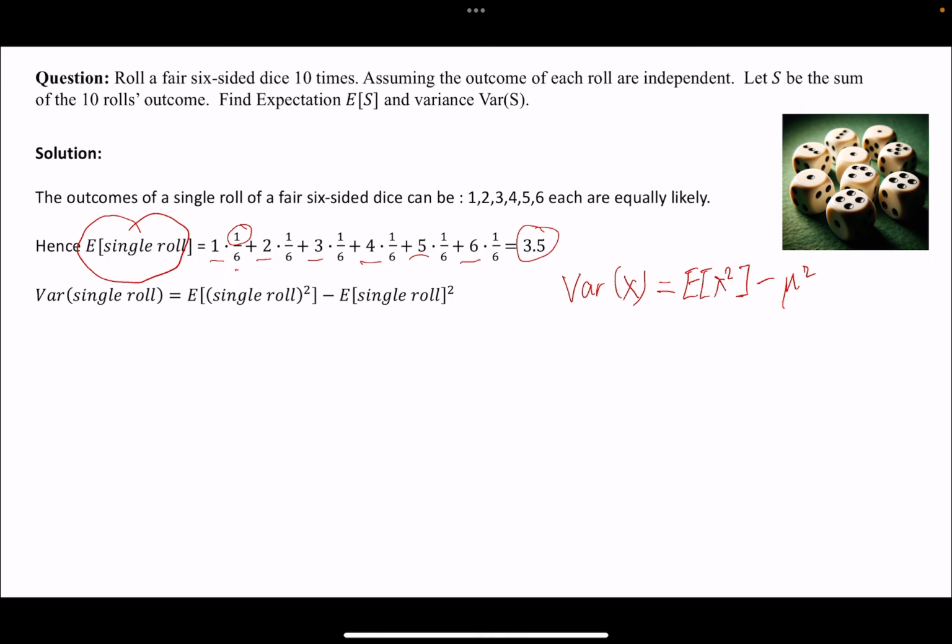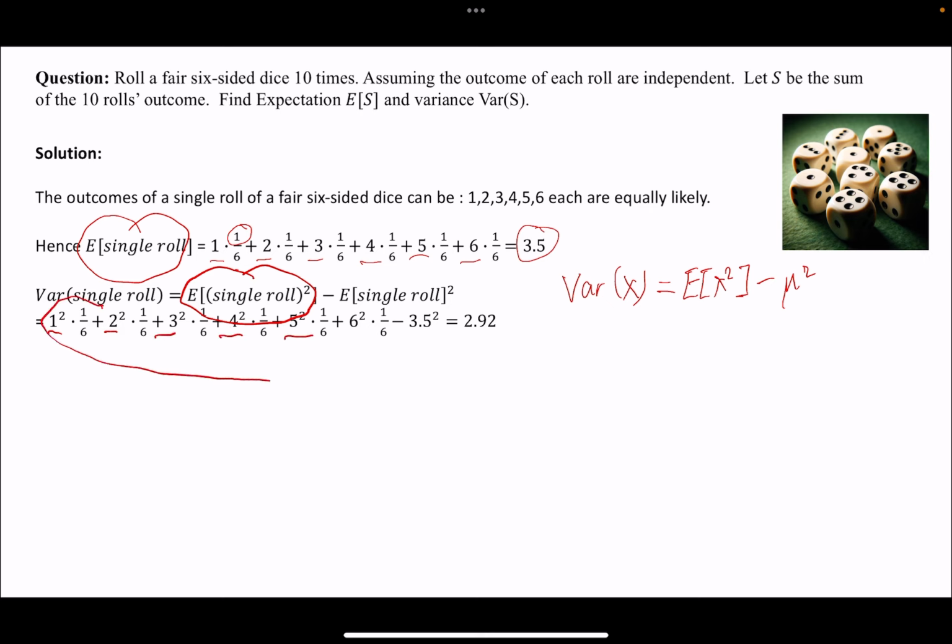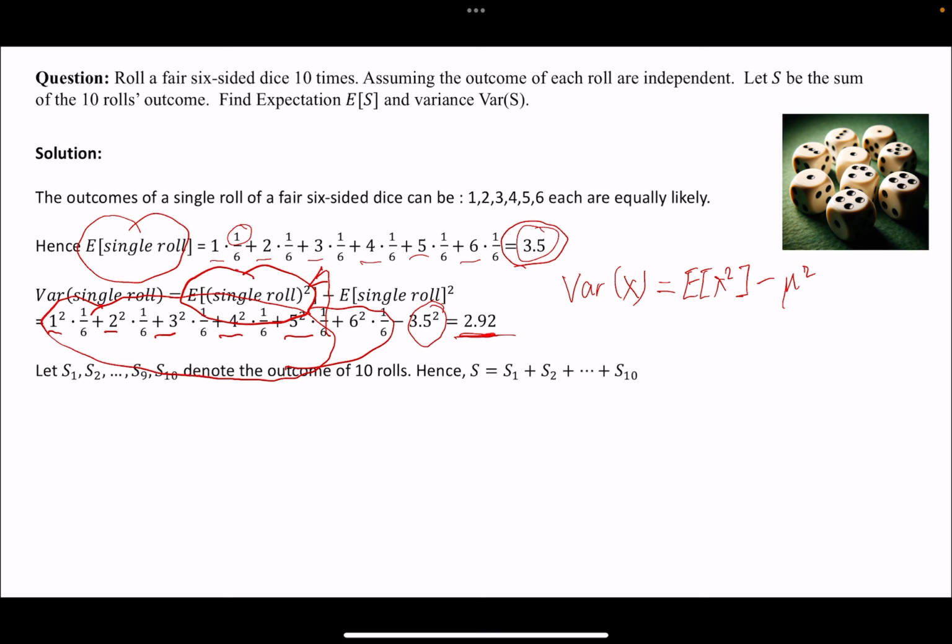In this scenario, the expectation of a single roll squared is the square of each number times the associated probability 1/6. Since we already calculated the expectation of a single roll is 3.5, mu squared is 3.5 to the power of 2. Eventually, you will get the variance of a single roll as 2.92.